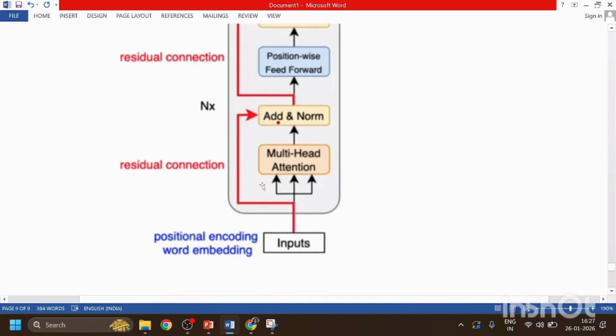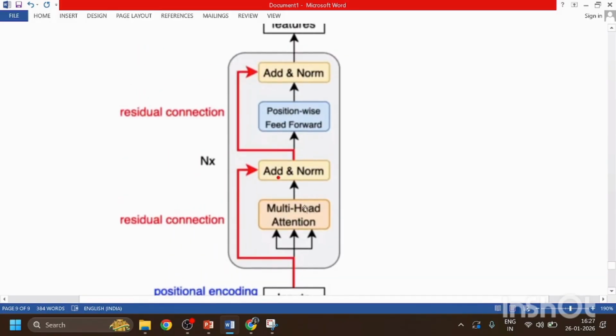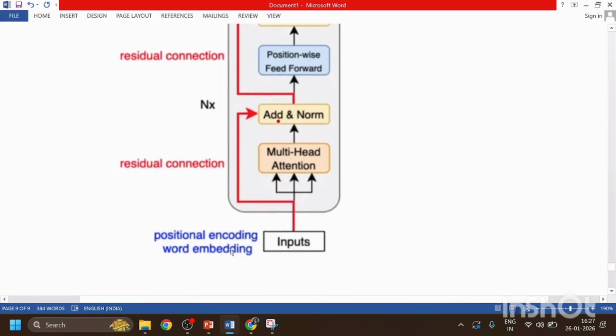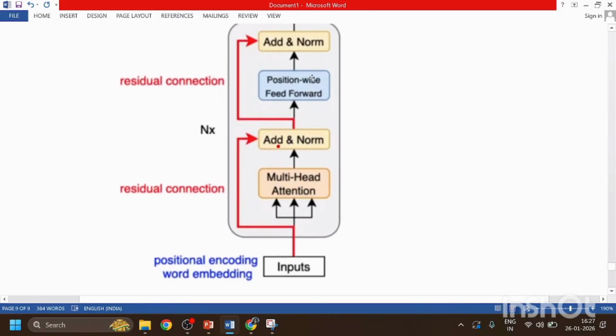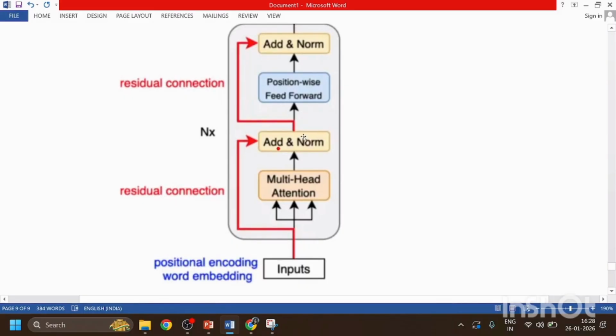By this method, attention gives you context, and the feed forward neural network adds depth. Positional encoding adds order, and residual connection and normalization add stability. Together they make the transformer scalable.